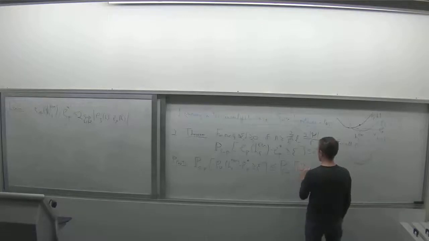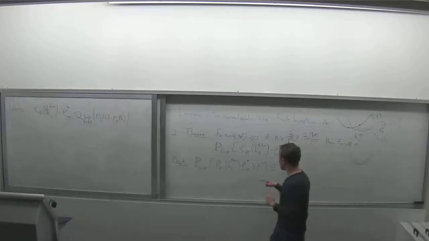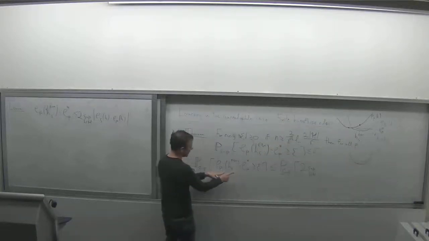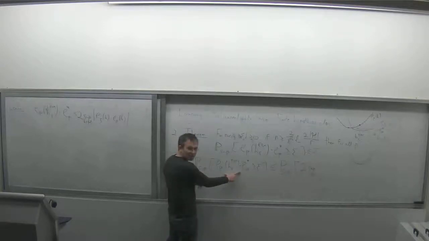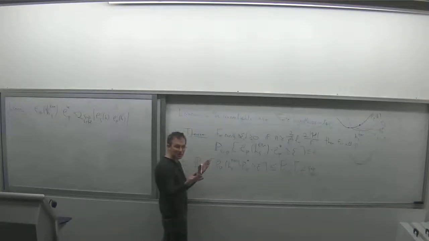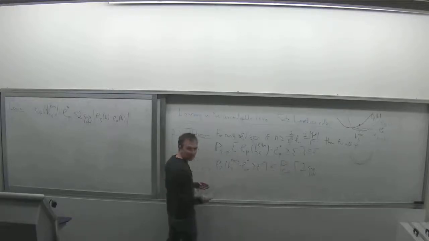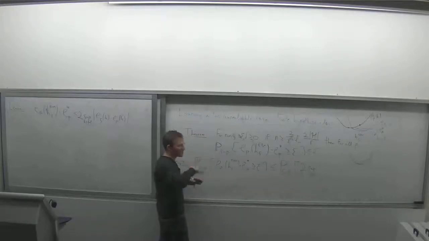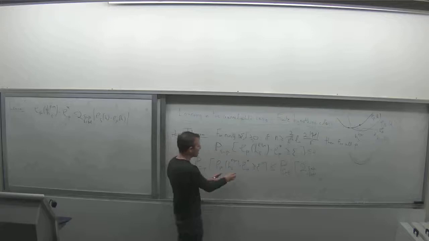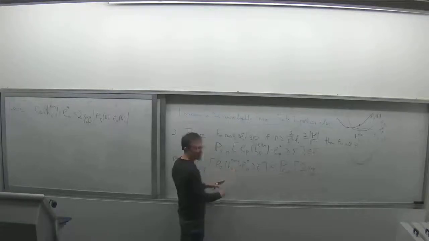So twice sup over H. It's larger, no? I'm putting in a random variable that is larger here. So the probability that this larger random variable is greater than something is greater. Let's take an extreme example, always helpful. Let's say I'm taking a random variable that is always infinity.